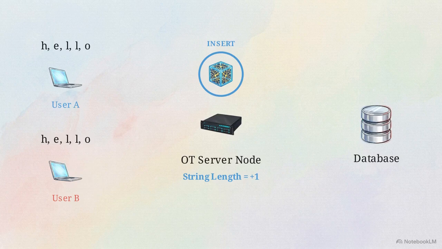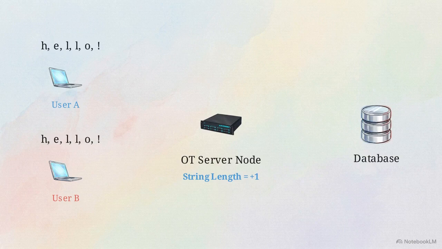While that happens, user B's concurrent deletion arrives. The engine recognizes that user A just shifted the array. It transforms user B's operation data in midair, shifting its target index by 1 to account for the new character. The server then fans out those transformed operations to all connected clients. Both users see the exact same synchronized text.